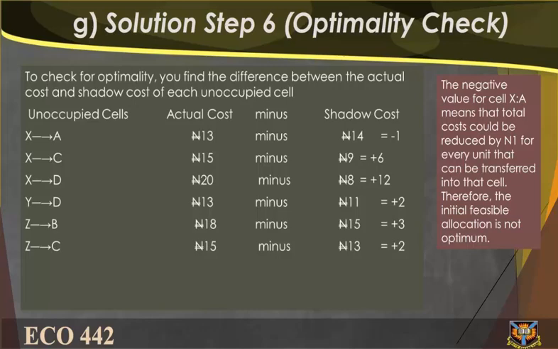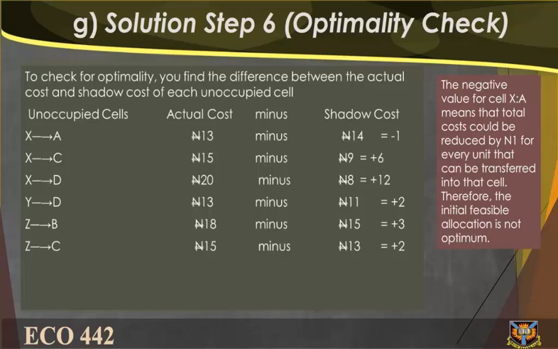Unoccupied cells: X to A, X to C, X to D, Y to D, Z to B, Z to C. Actual cost: 13 naira, 15 naira, 20 naira, 13 naira, 18 naira, 15 naira.